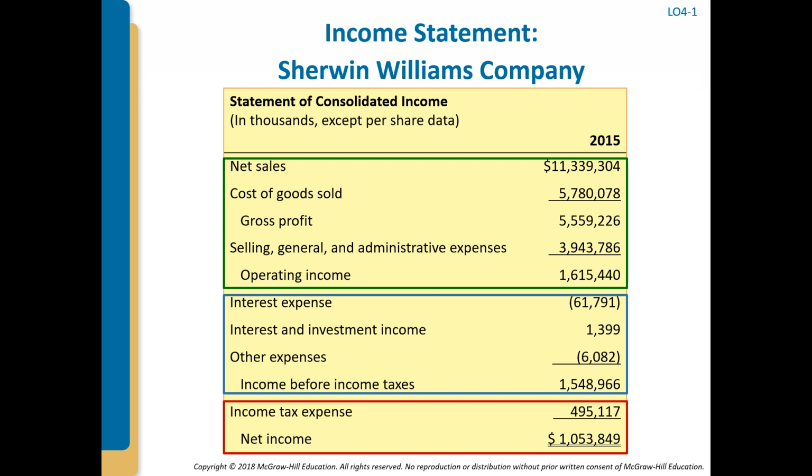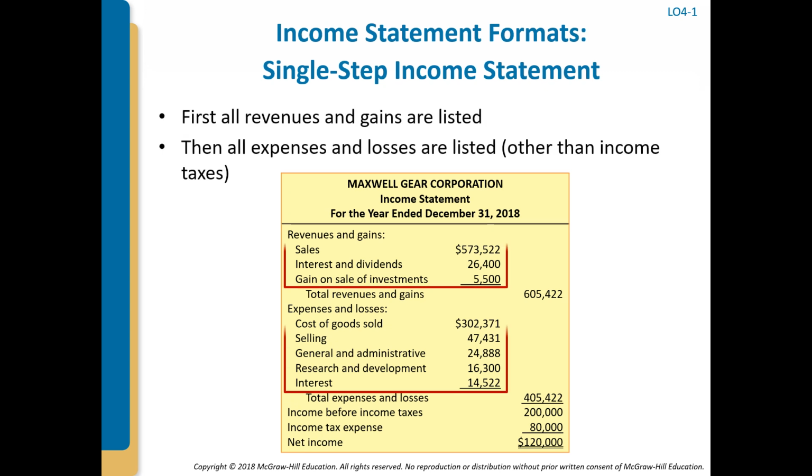It's an example of Sherwin Williams Company's statement of consolidated income. So we can see that this is an operating income, and this is income before income taxes. This is income tax, and finally we get the net income. So this is another example of single step income statement.